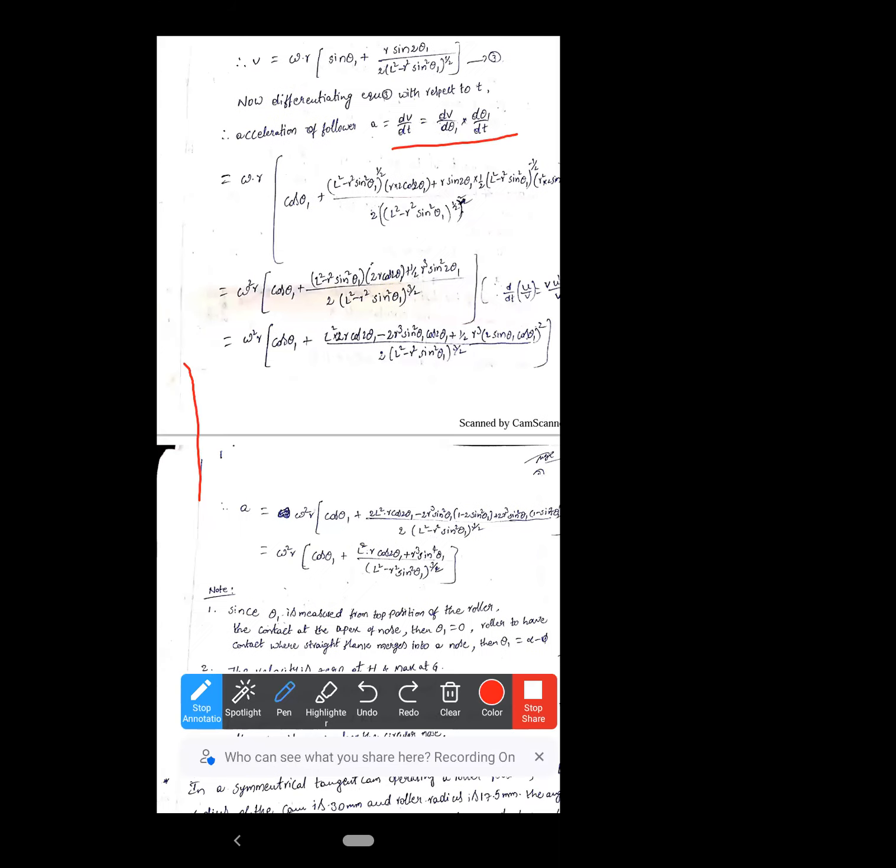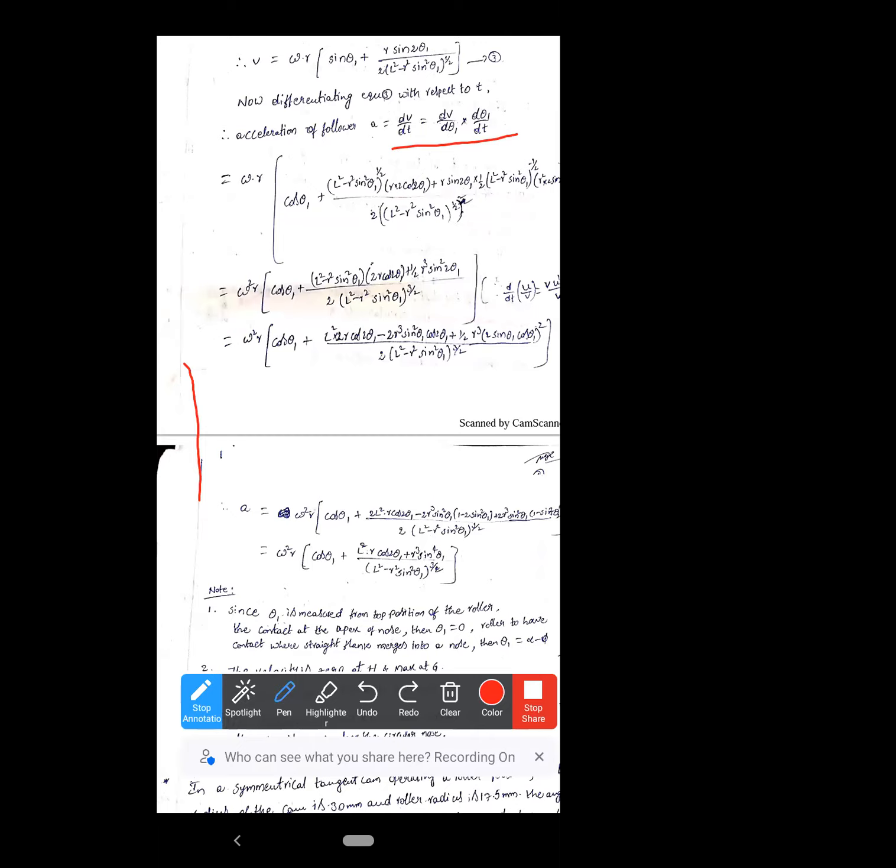Just observe. In this, omega r into the differentiation of sin theta 1 gives cos theta 1, plus this is a u by v rule, differentiation of u by v. The denominator is v square and the numerator is v into u dash minus u into v dash.